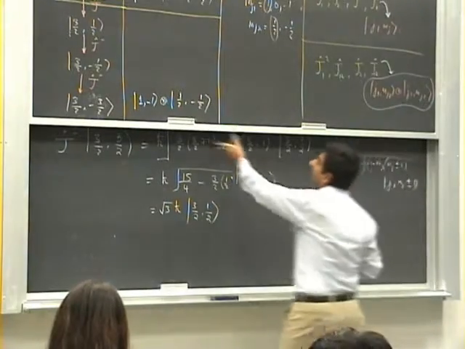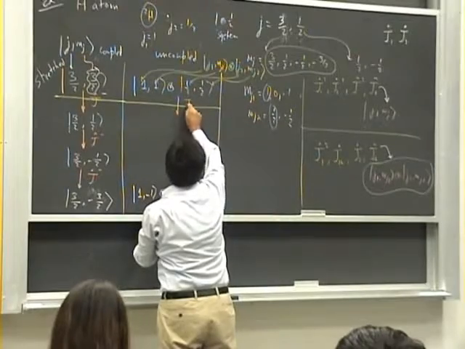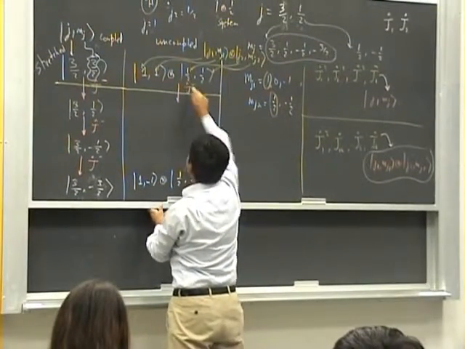Now I can also make the J minus operator act on this state. It's going to yield the same result.